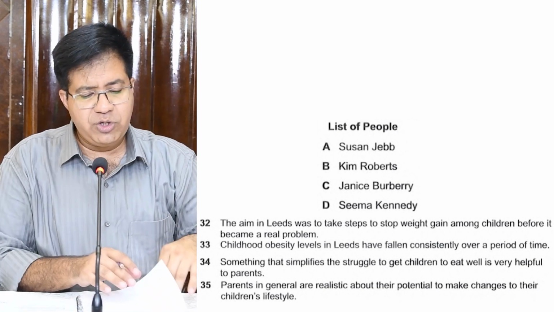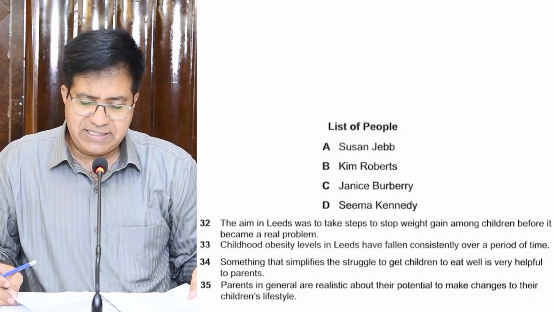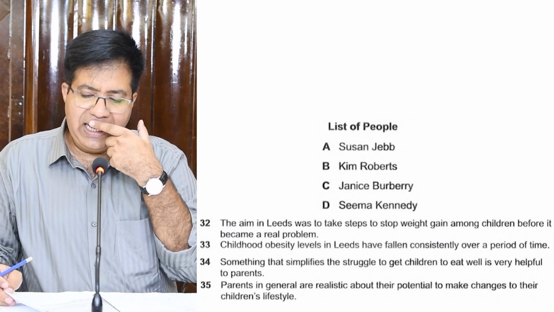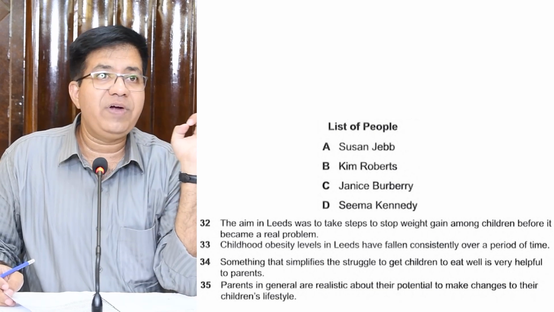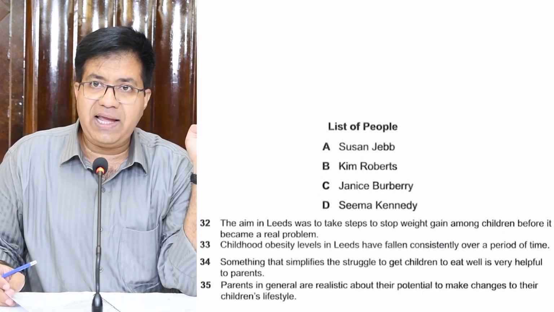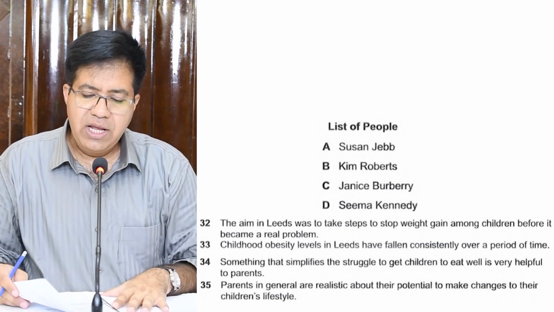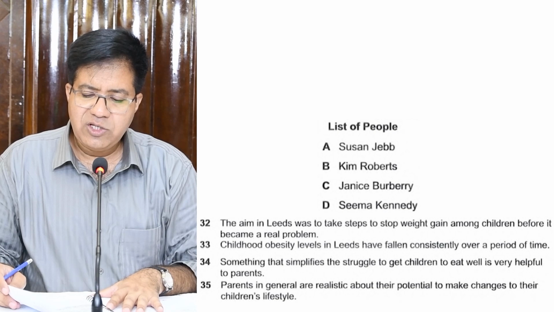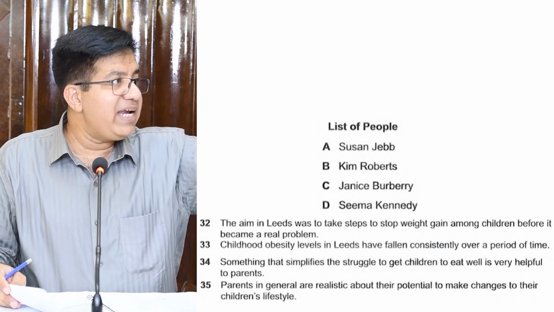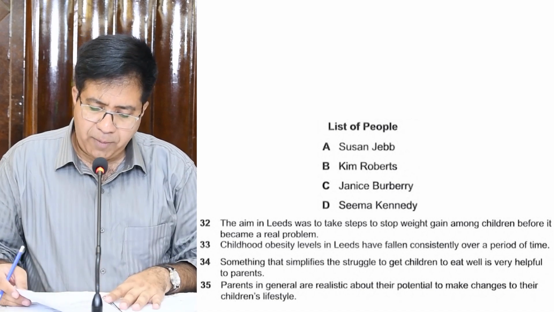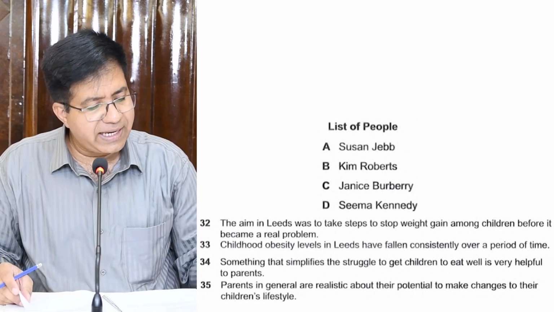Now, what you have to do, you need to go back to the passage and find Susan Jebb, underline it, and write A over there. Very good. Second paragraph, first line, Susan Jebb, underline and write capital A over there. Next we have Kim Roberts, on the second page, I guess.